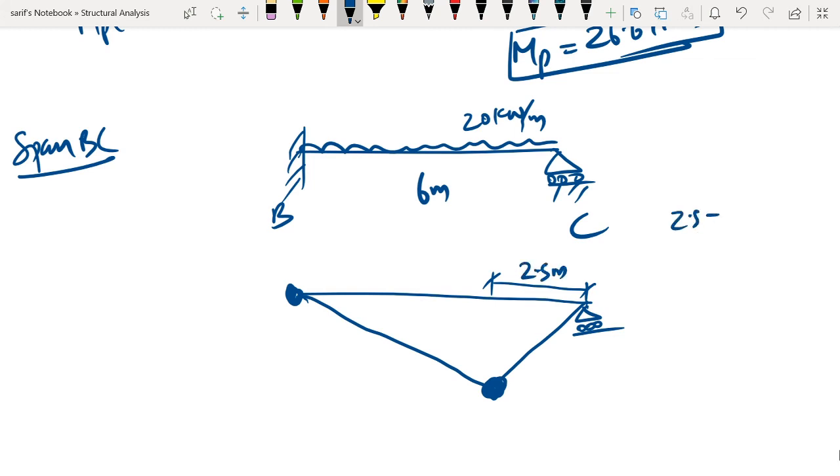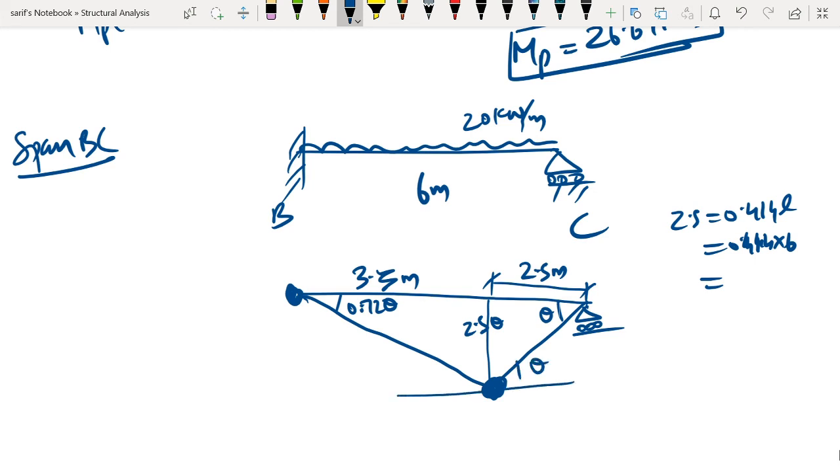So if this is 2.5 meter, this will be 3.5 meter. If this angle becomes theta, then this height is 2.5 theta and this angle becomes 0.72 theta.